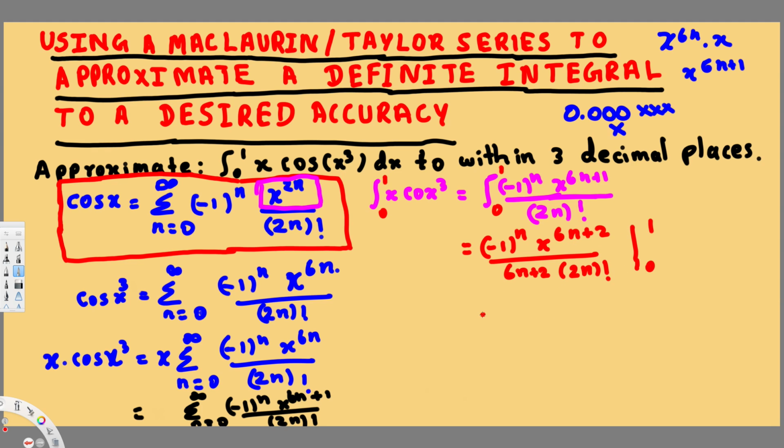Now let's apply 1. So this is going to be negative 1 power n, 1 power 6n plus 2 over 6n plus 2, 2n factorial, minus 0, right? And also I forgot to put sigma in front of it.